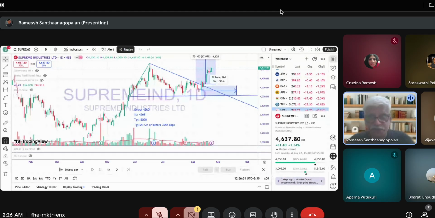Whatever stocks I share with you, Ichimoku has to give me the indication that the stock is going to move up, otherwise I will not share. But in spite of that, my upper limit for any stock above 2000 rupees is 2000 rupees. That's all. I don't go beyond that.